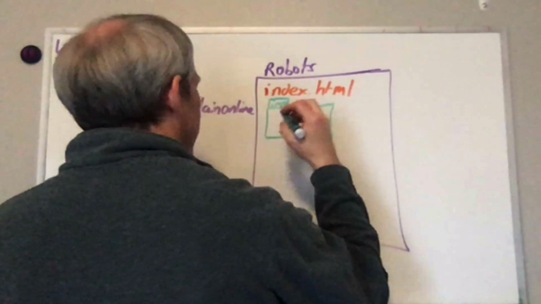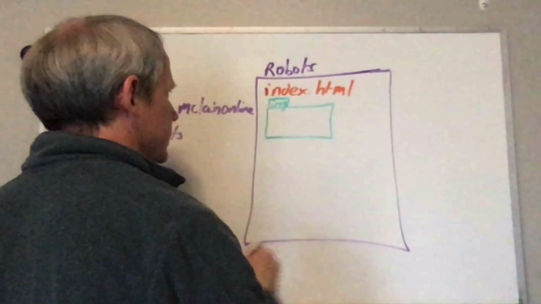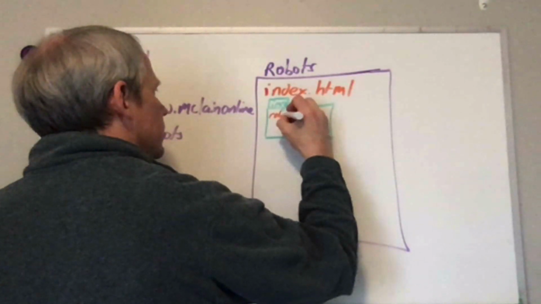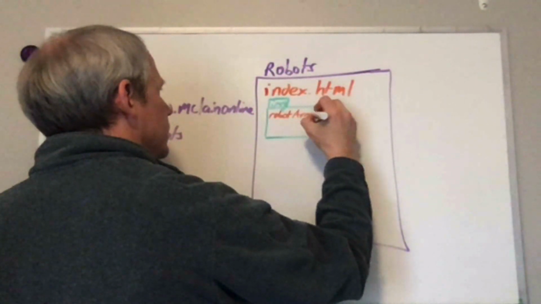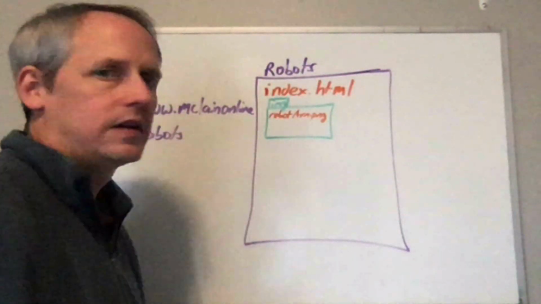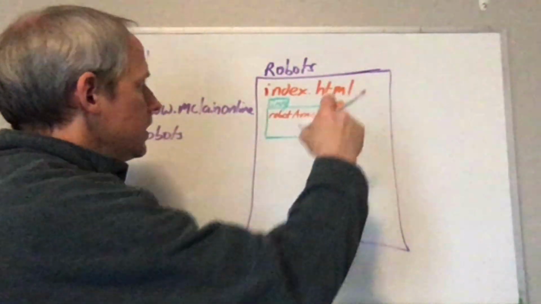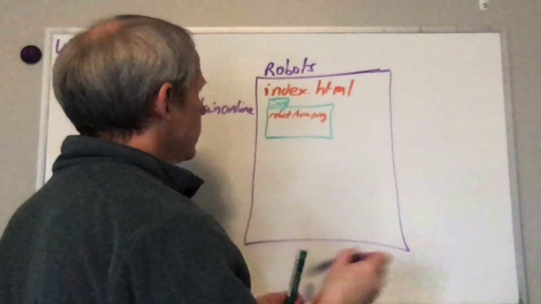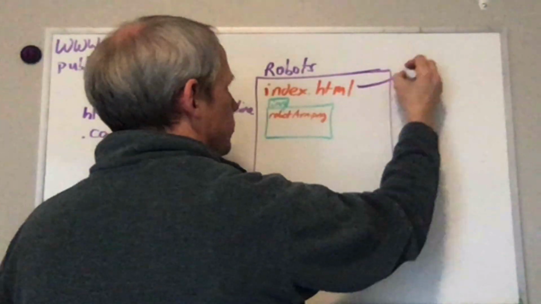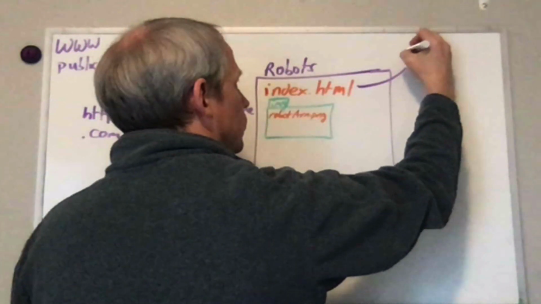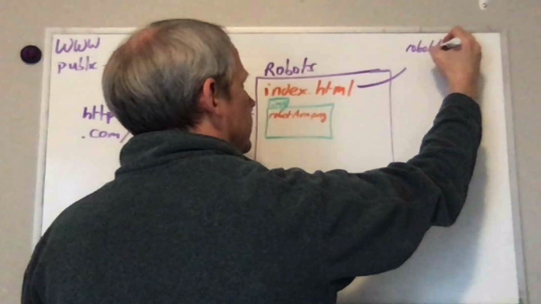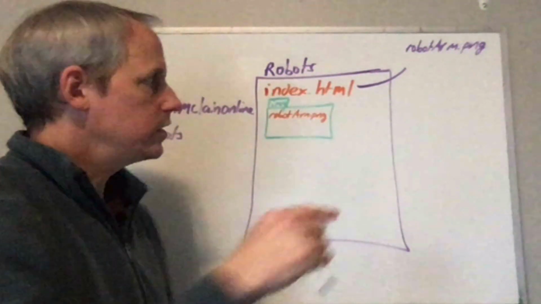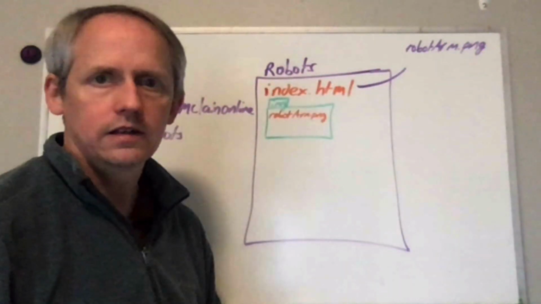And inside we might have, I'm going to do file names in orange, robotarm.png. Okay. Now, inside of index.html, if I'm inside of this purple one and I write robotarm.png, then it's going to look inside this folder for that.